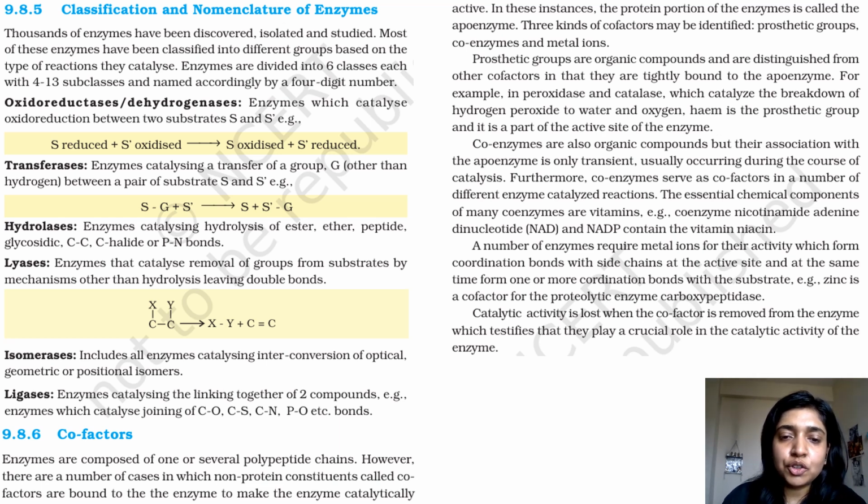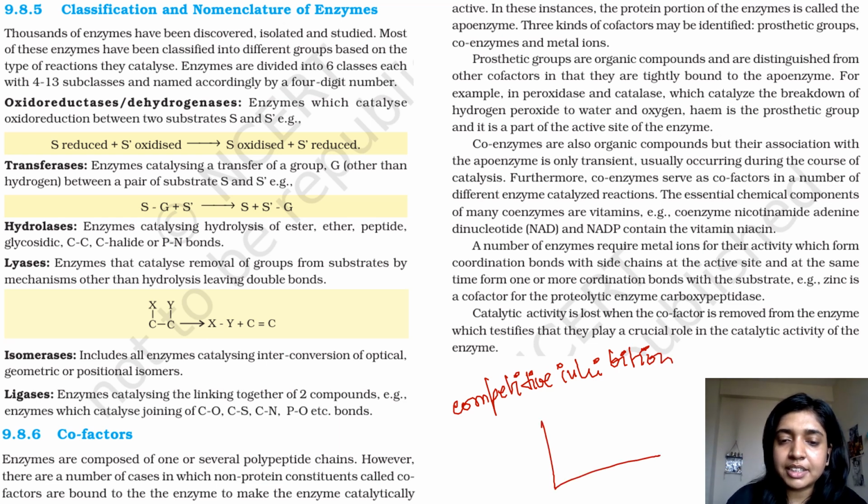Yeah, so when we're talking about competitive inhibition, the graph actually becomes something like this. This was your original graph. This was your Vmax. This is your Km. This is your substrate, right?